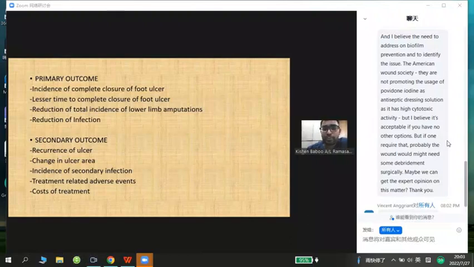Because as we know, as we prolong the wound, there will always be a chance of the wound turning into a non-healing ulcer, and also a risk of infections, and ultimately patients themselves will be quite frustrated that they just stop coming for dressing because they feel we have done it for too long.